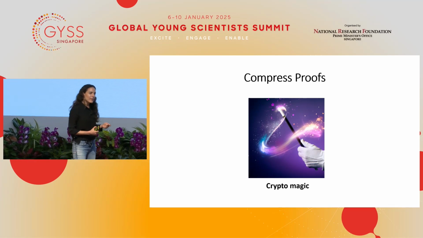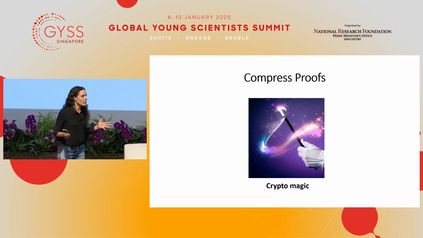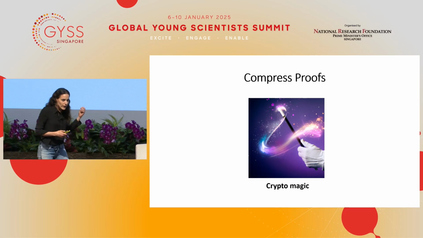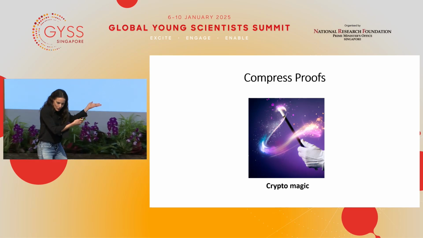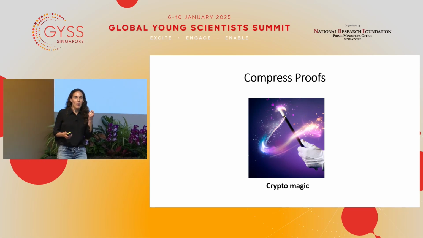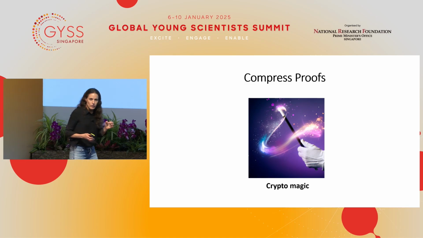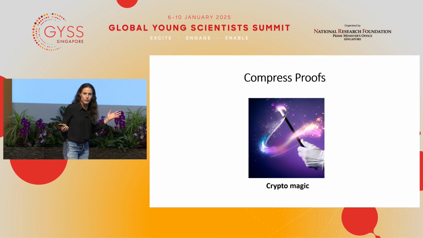The way I think of cryptography is as an art of overcoming these impossibility results. And what I want to talk about today is how to use the magic of cryptography to make proofs succinct.